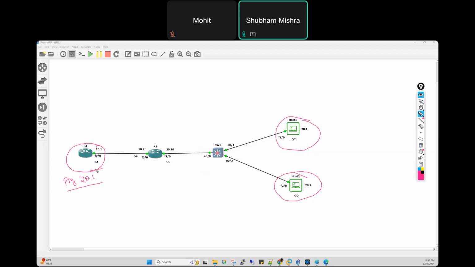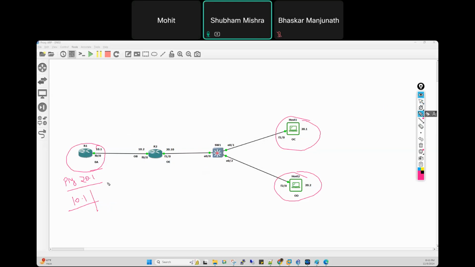For example, remove the PCs. You are pinging from the router only. So what will be the source IP address? 10.1, right? Destination IP address will be 20.1. Clear?